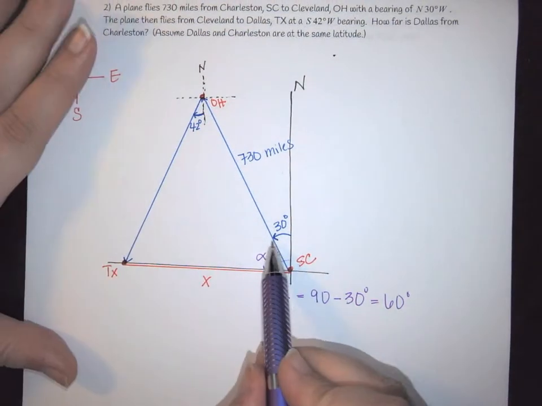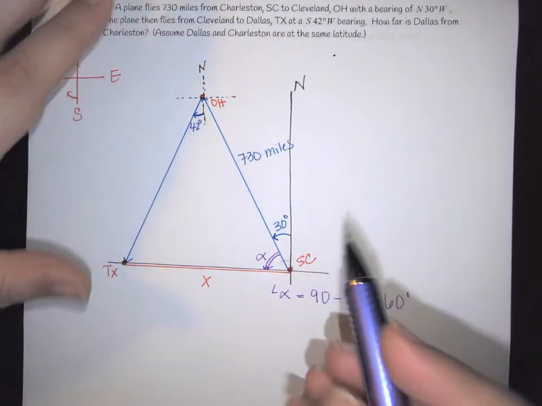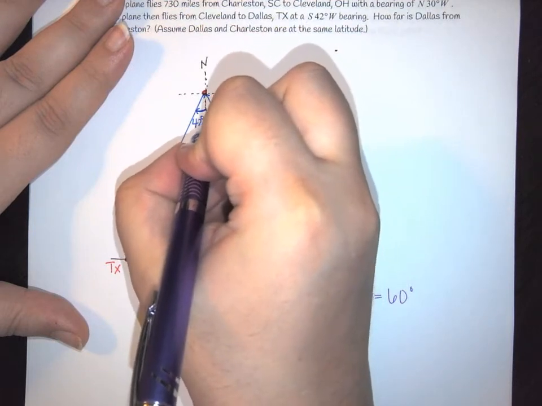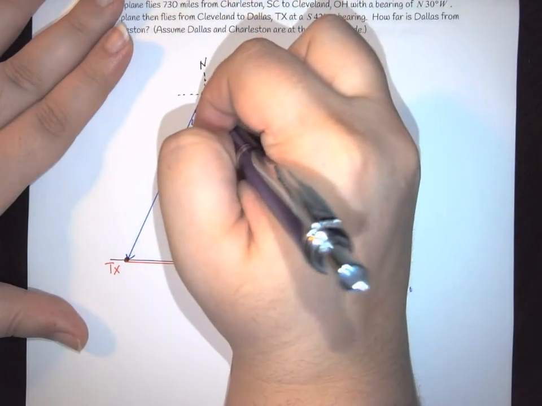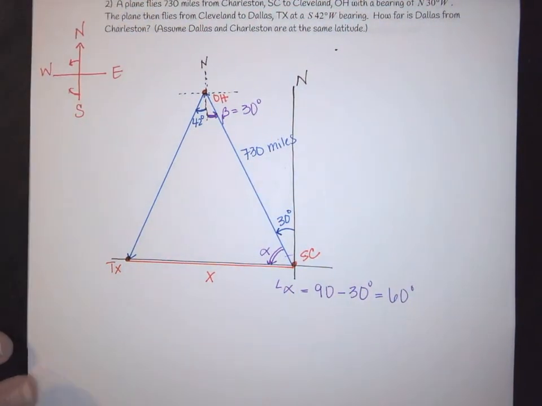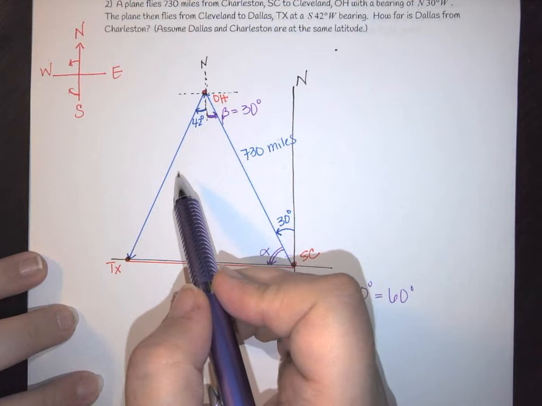In other words, this little small piece is 30, which means this little small piece from my south over here, let's call this beta, also has to equal 30 by using that rule. Again, that rule says two parallel lines cut by a transversal means opposite interior angles are the same. So now we know this little piece to be 30.